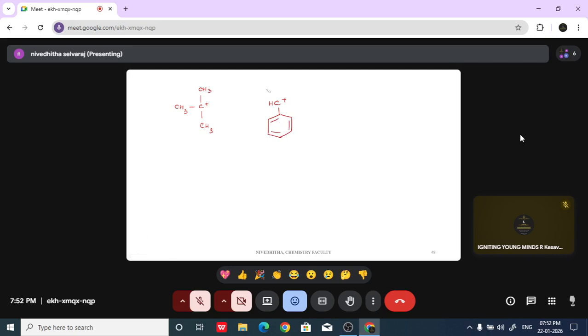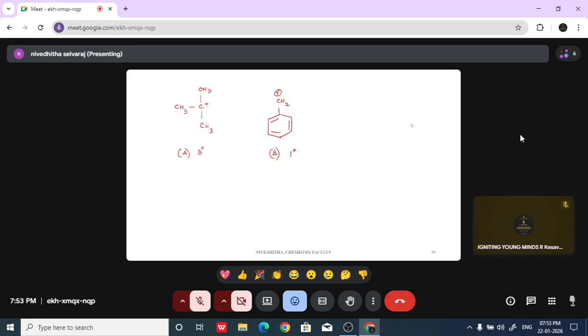So the first carbocation I've written is tertiary. Could you please tell me what kind of carbocation is this? Positively charged carbon is attached with only one R group. If it is connected with only one R group, then yes, it is primary. Very good, Kanha. It is primary.